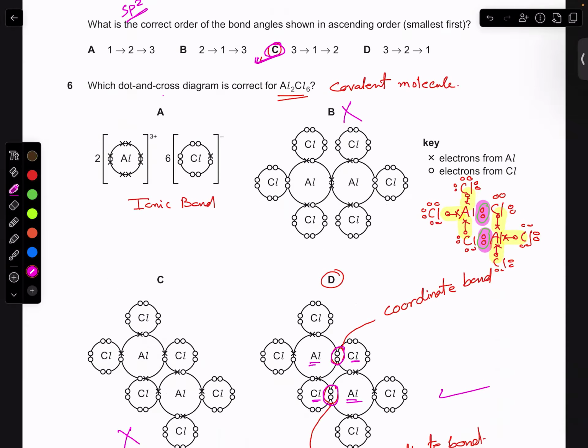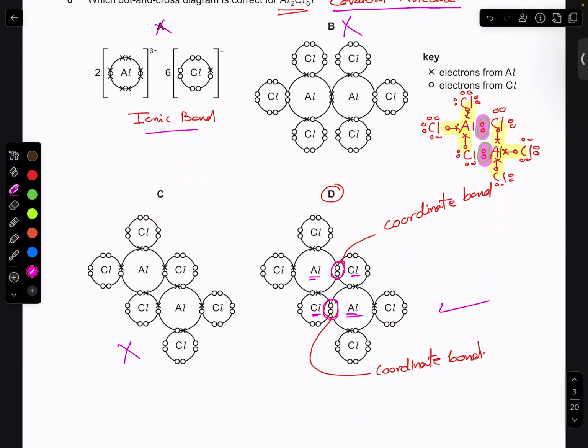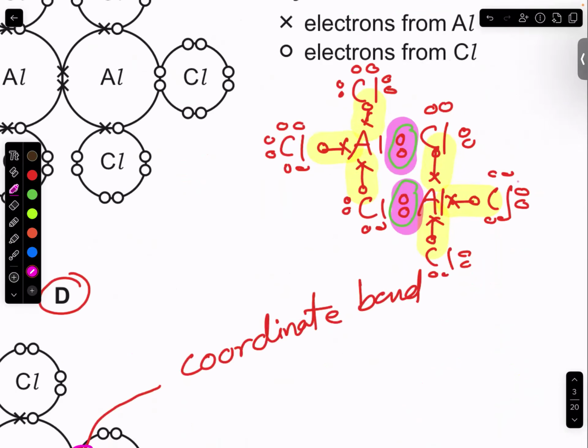Question 6. Which dot and cross diagram is correct for Al2Cl6? Al2Cl6 is a covalent molecule. So the first answer is wrong because this is for an ionic compound, and we know that for AlCl3 we have 2 coordinate bonds. Between Al and Cl there is a covalent bond by sharing 2 electrons, 1 from Cl and 1 from Al, and this Cl the same.